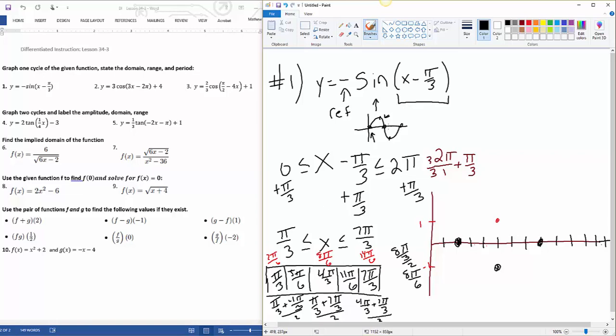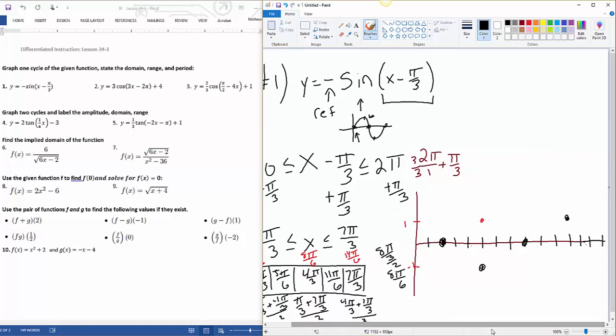And then the next value normally goes below, but because of the reflection, it's going to go up. So 9, 10, 11. And then the last is 14 pi 6, which is going to be right here. And so this is going to be the one cycle of my graph.